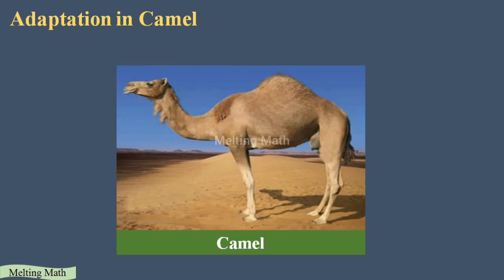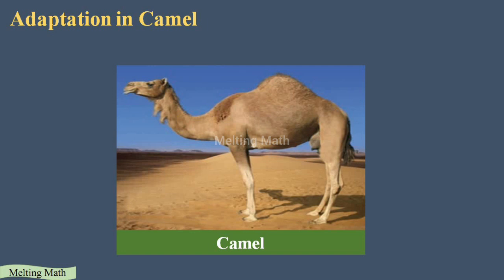The camel body does not sweat. The camel loses very little water from its body. It can live for many days without drinking water. It can store the water within its body, so it can live many days without drinking. Whenever it needs, it can use the water stored in its body.